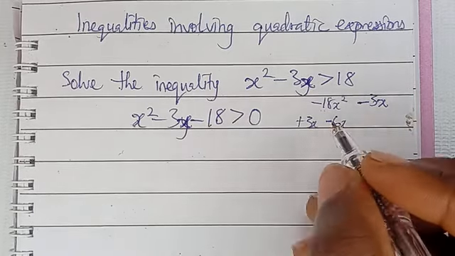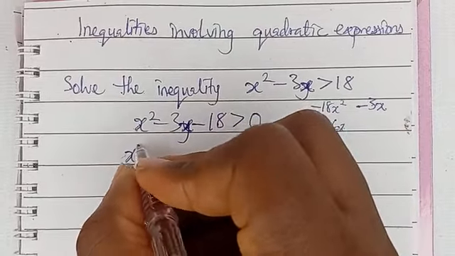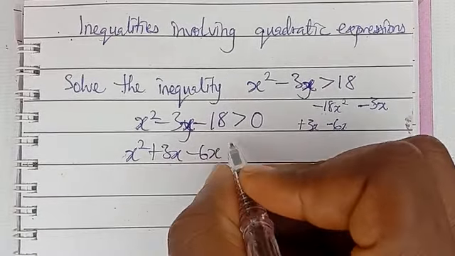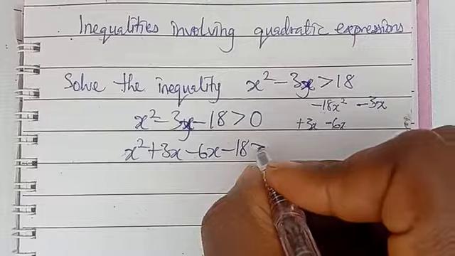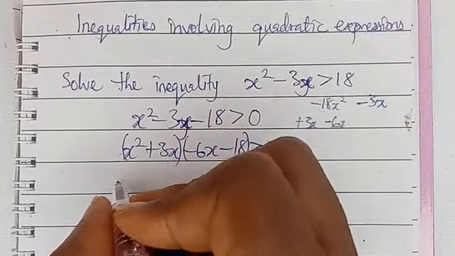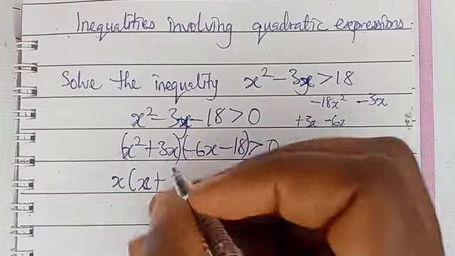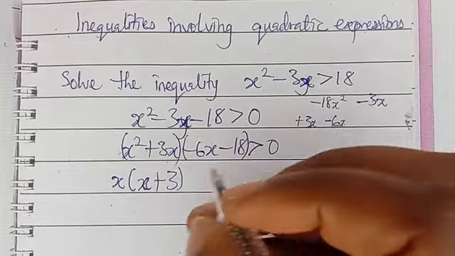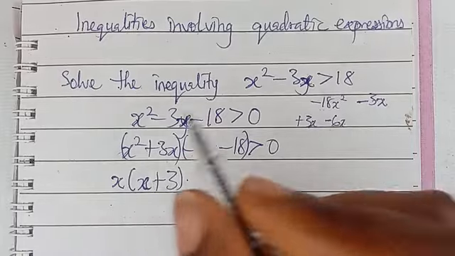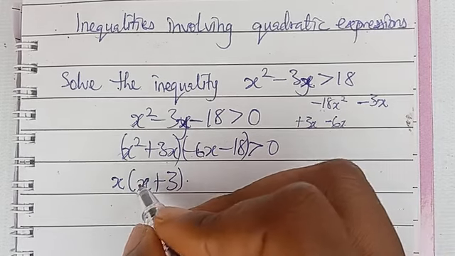And then we have this. So we are going to replace the middle term by this. We have x squared plus 3x minus 6x, we bring down minus 18 is greater than 0. Then we are going to group them in twos. The common term here is x. So x into x squared is x. x into this is plus 3. Then to get the one that will stay outside of this bracket, a simple method I use is to take this divided by this.